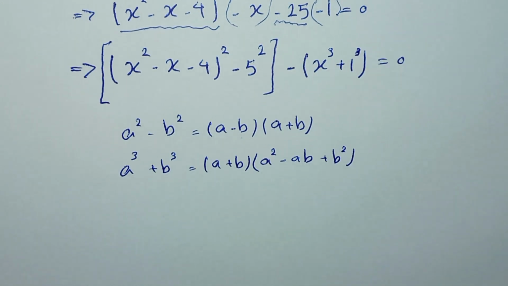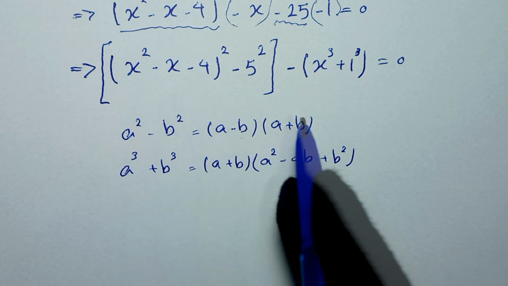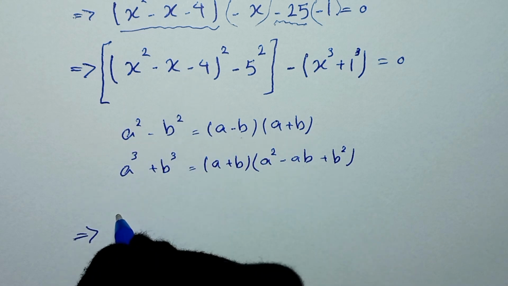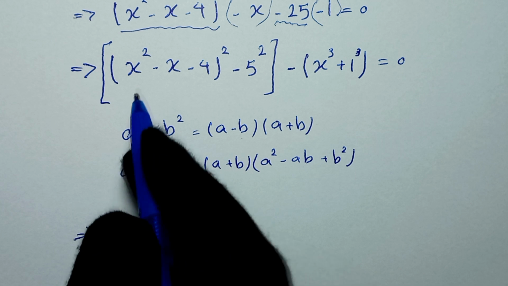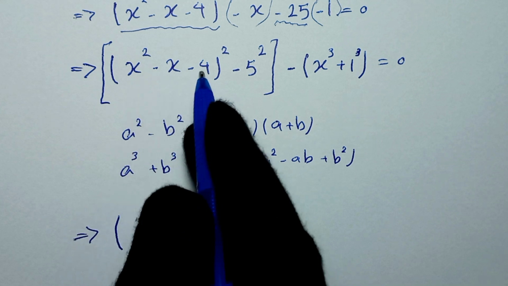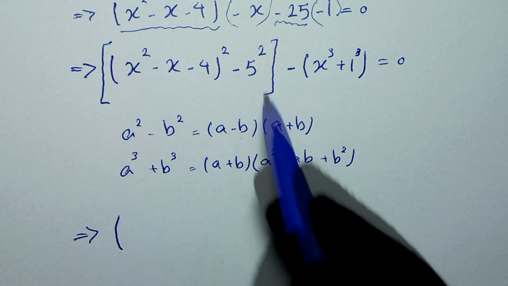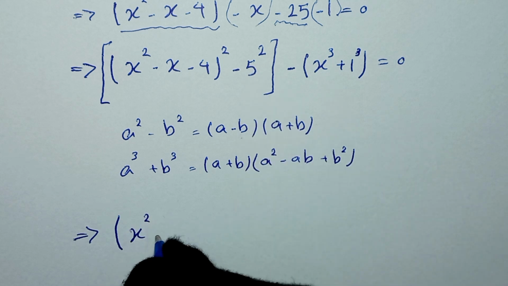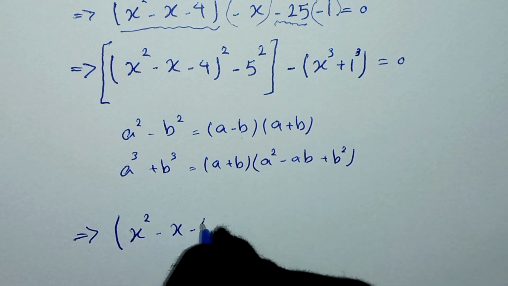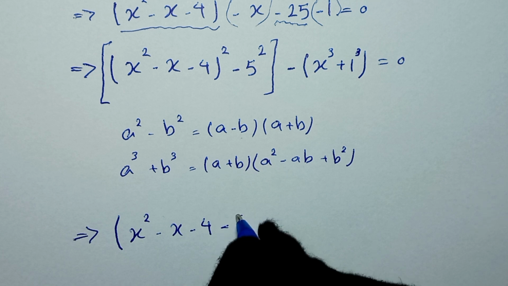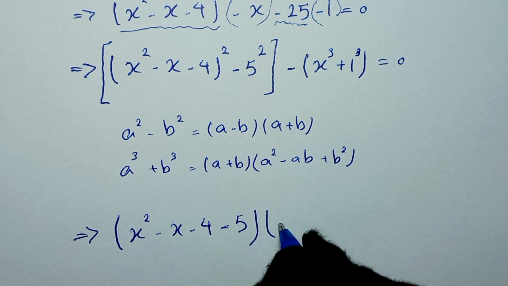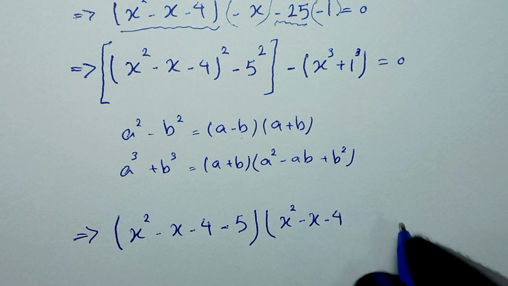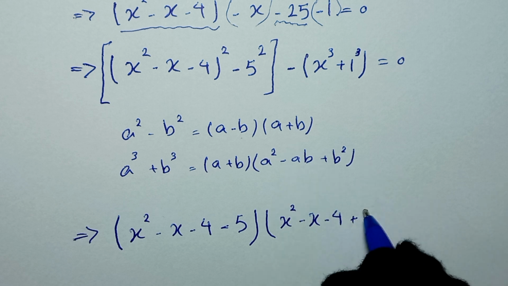So here, we apply this formula. It will be x squared minus x minus 4 minus 5, and here plus 5. So we write x squared minus x minus 4 minus 5 times x squared minus x minus 4 plus 5.